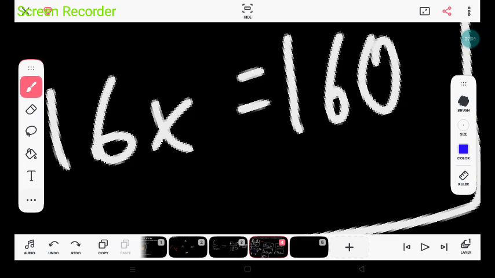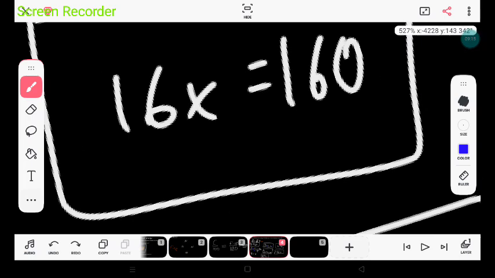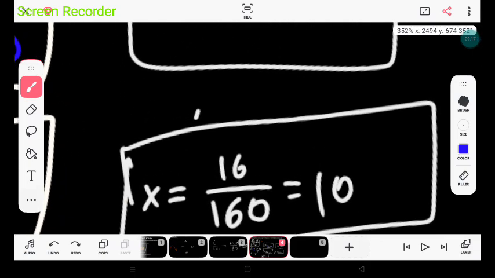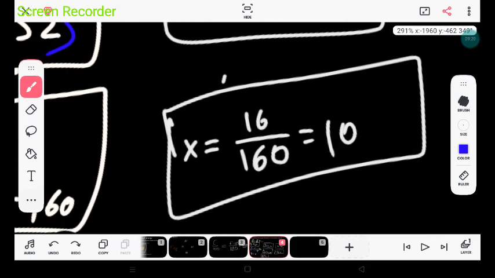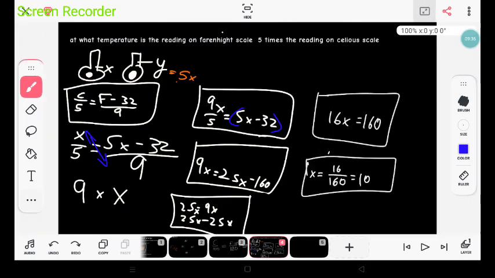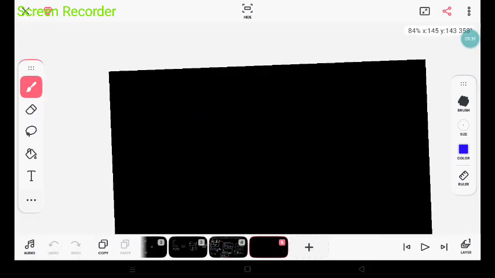Yay, finally. If you use your brain, you find out that x is equal to 160 divided by 16, which is 10. And that's all. Bye.